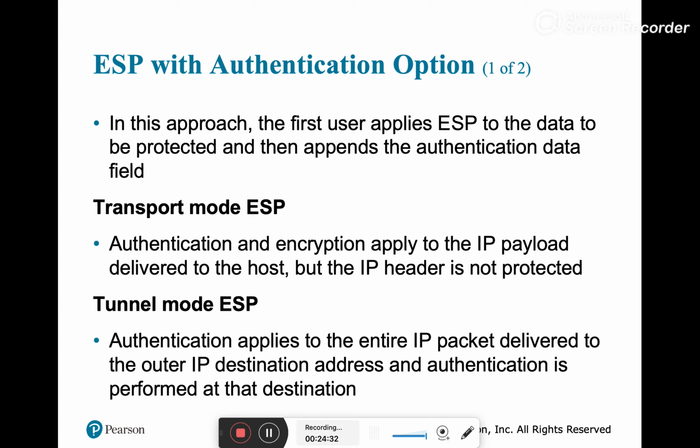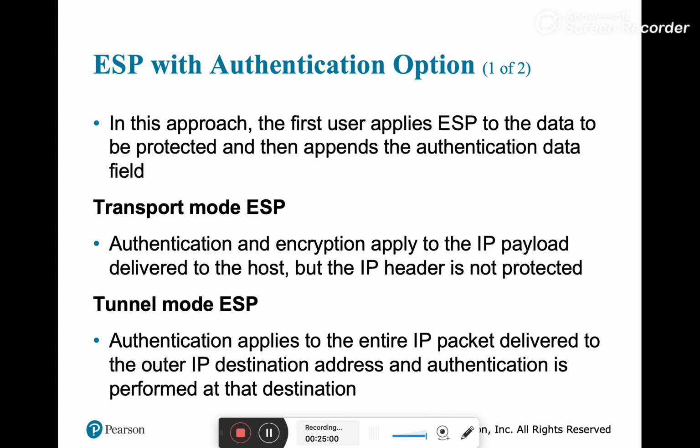ESP provides you authentication and encryption both. Yes, fine, but you want to authenticate your IP header as well, because if we are using ESP for authentication, it will not authenticate any of the fields of the IP header. So for that purpose you can use AH.